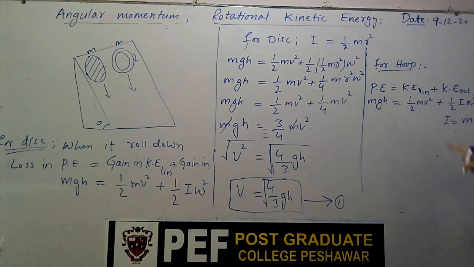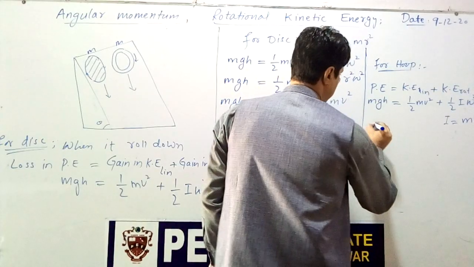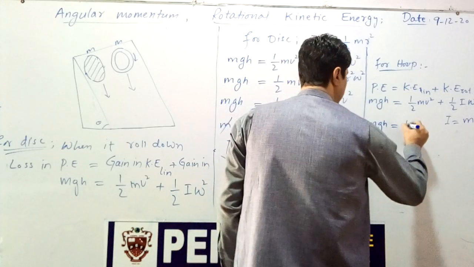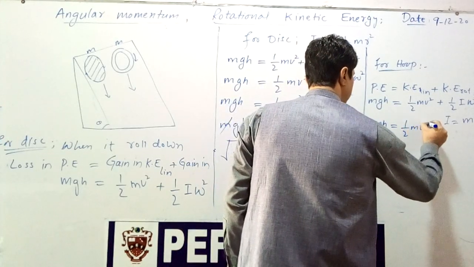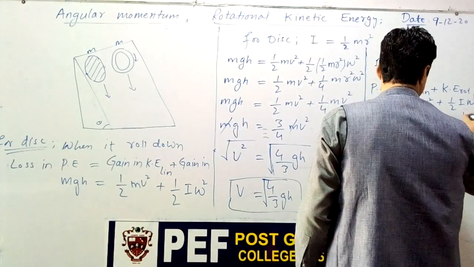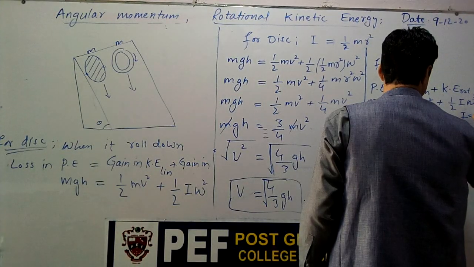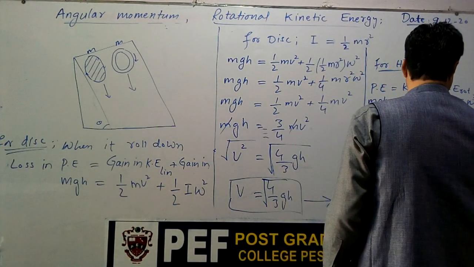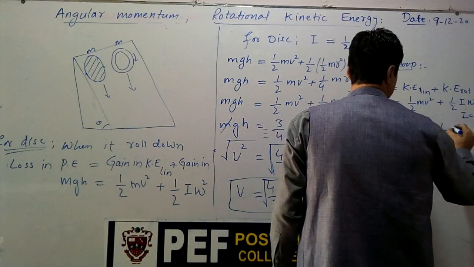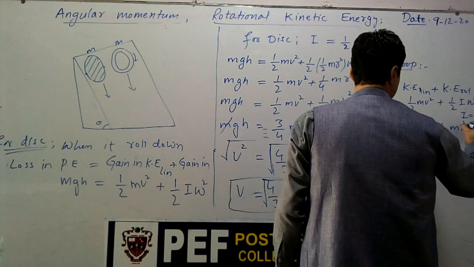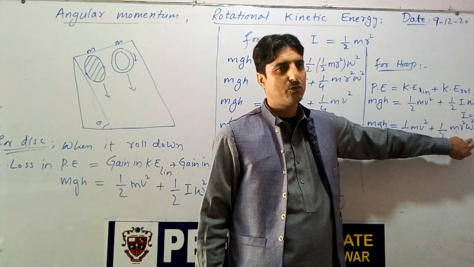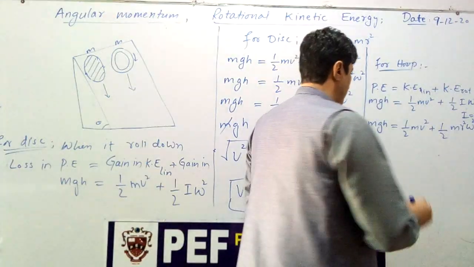So putting the value of I in this equation, we get mgh is equal to 1 upon 2 mv square plus 1 upon 2 m r square omega square. This r square omega square is equal to v square, linear velocity.